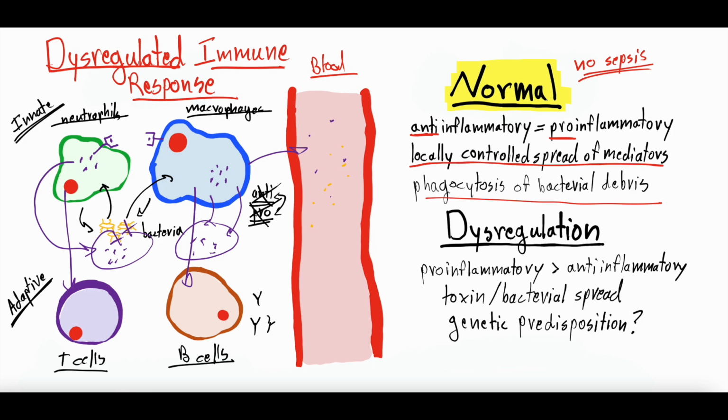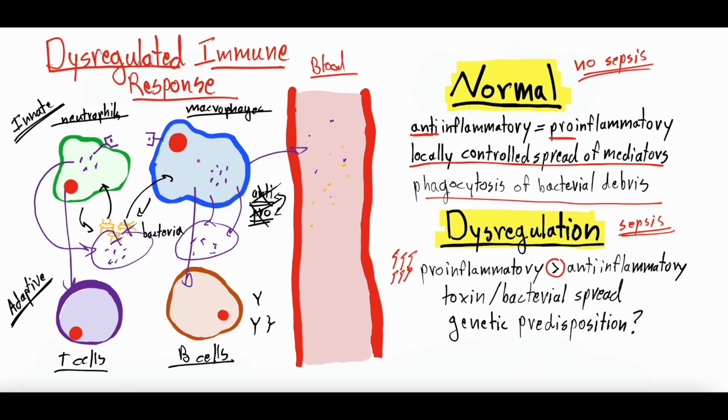But what happens when this gets dysregulated? Dysregulation leads to sepsis. It's your own immune system that's becoming dysregulated. So what happens when there's dysregulation? Well, those pro-inflammatory cytokines and signaling molecules start to become greater than the anti-inflammatory, and that leads to a higher spiral of inflammation.